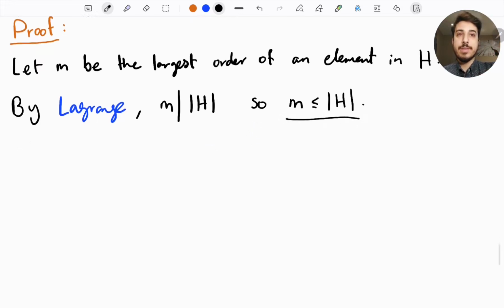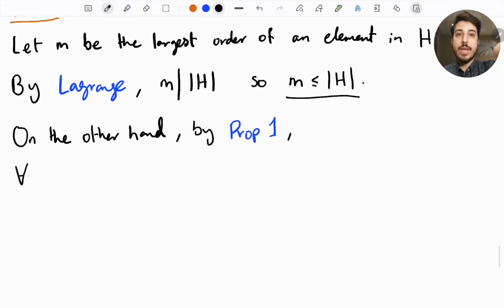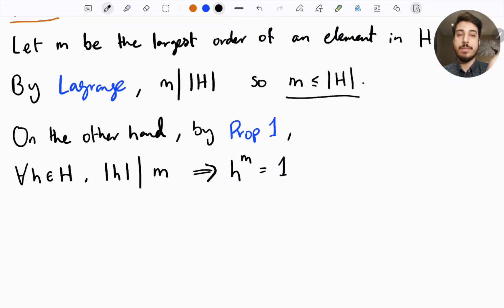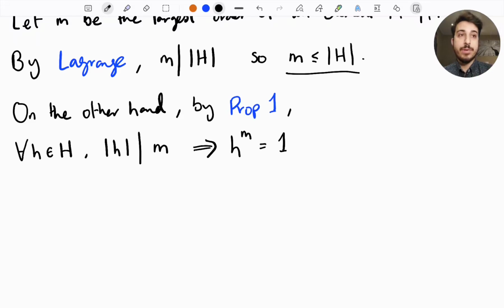So we proved this. On the other hand, by proposition 1, for all h in H, the order of h must divide the largest order, which is M. And so, by definition of the order of h, if we take h to the power M, this gives the identity. Now, if we add the additive inverse of the multiplicative identity 1, so we get minus 1 over here and minus 1 over there, on the right-hand side we get the additive identity of the field, 0.